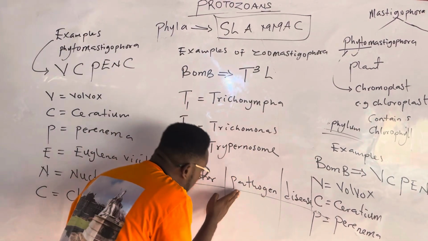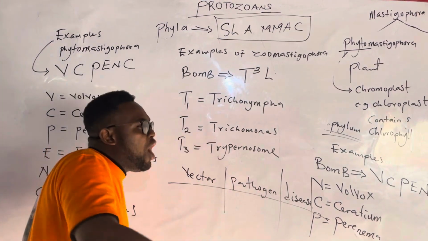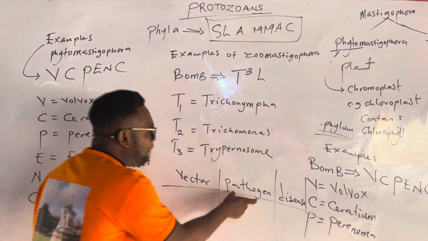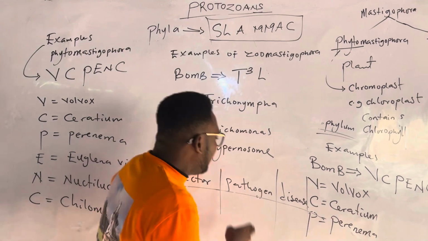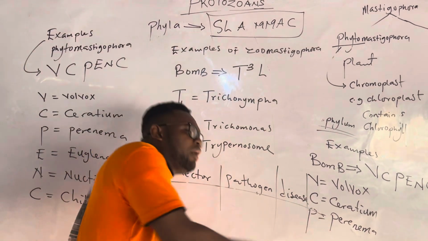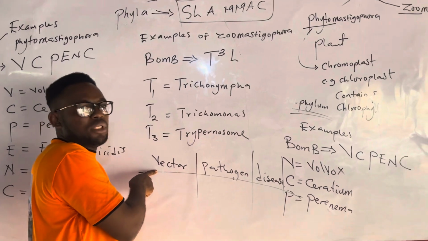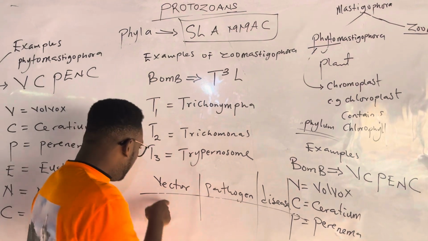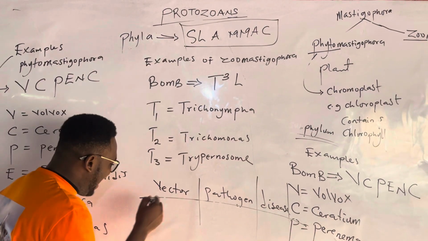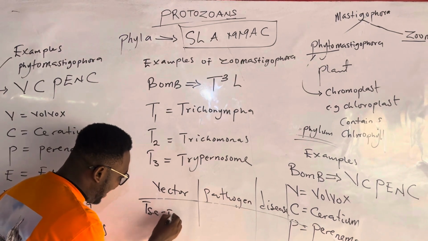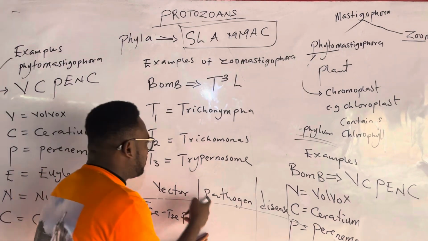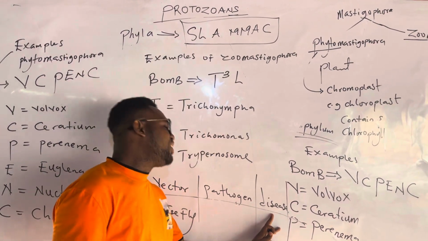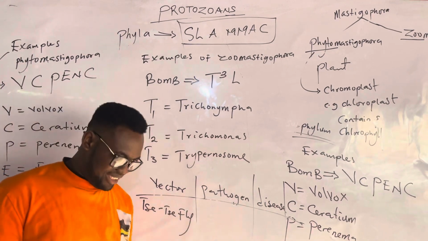Pathogen, on the other hand, is the disease-causing organism itself, carried by the vector. Now, disease is what this guy causes on the organism. So, in other words, if we take the tsetse fly as an example now, we'll say that the pathogen is what now? Trypanosome. What does it cause? A disease called sleeping sickness.